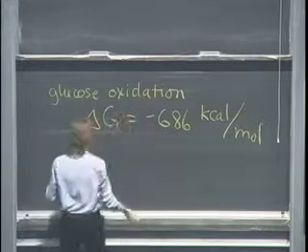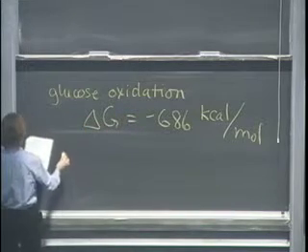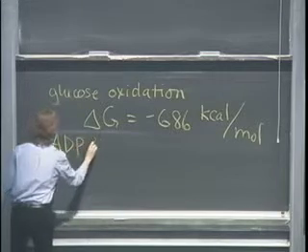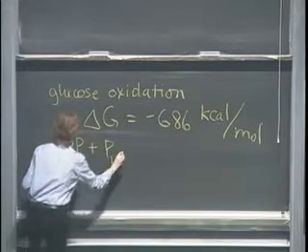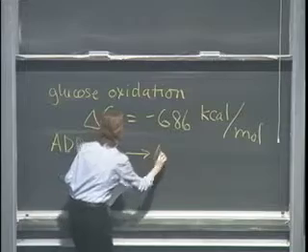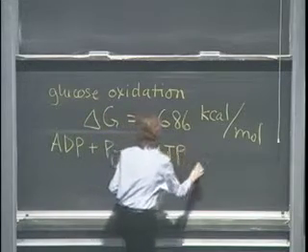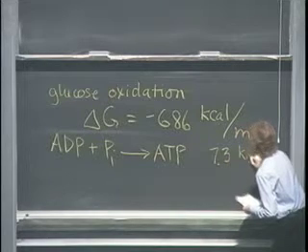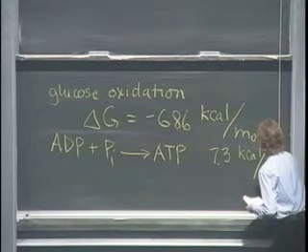And, oops, sorry, I didn't write it on the other board. And when ADP plus an inorganic phosphate goes to ATP, this costs about 7.3 kcals per mole.